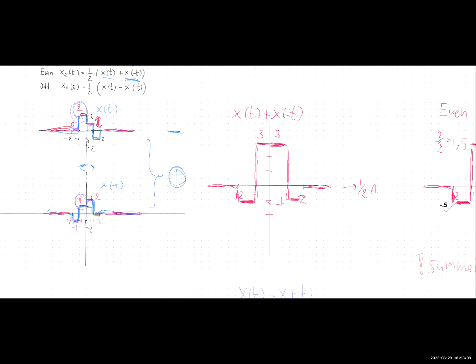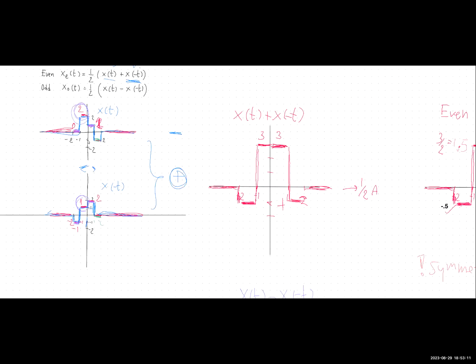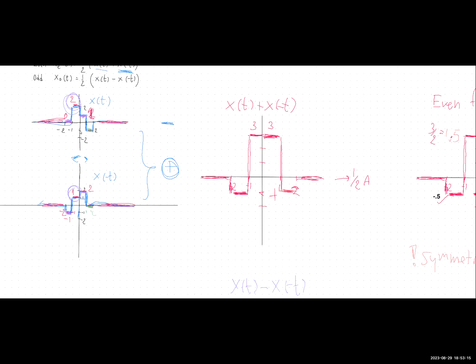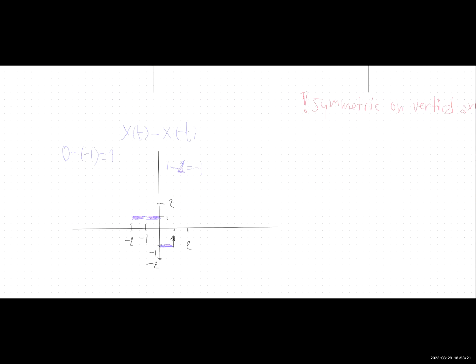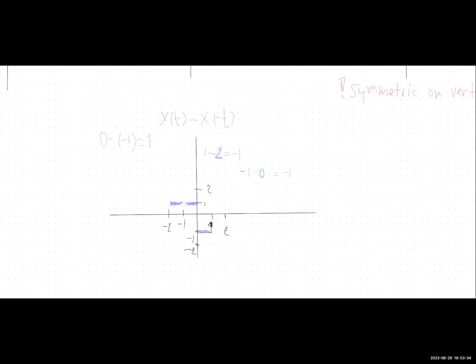Okay, so for the green part here, we have x(t) as -1 and x(-t) at 0. So the graph that I want to see is going to be -1 minus 0, which is going to be -1, right? So can anyone help me draw on the graph here?